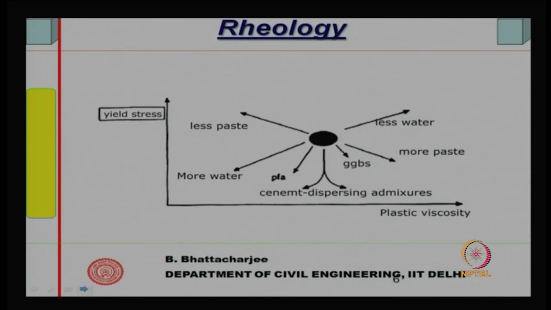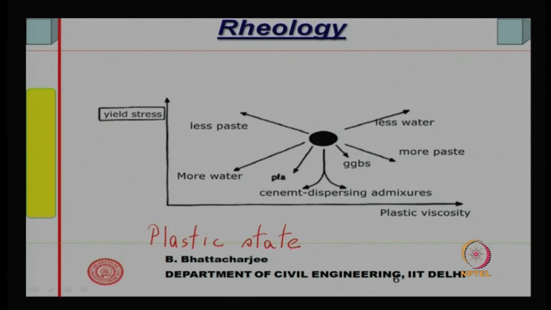You see, fresh concrete or fresh paste can be considered to be a plastic material. A plastic material is one which, in the plastic state, under constant load will deform continuously. A solid deforms under load, and stress is proportional to strain, shear stress is proportional to shear strain.